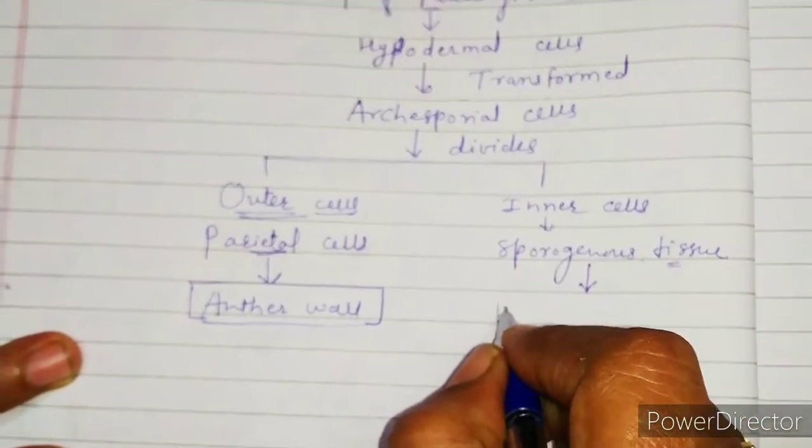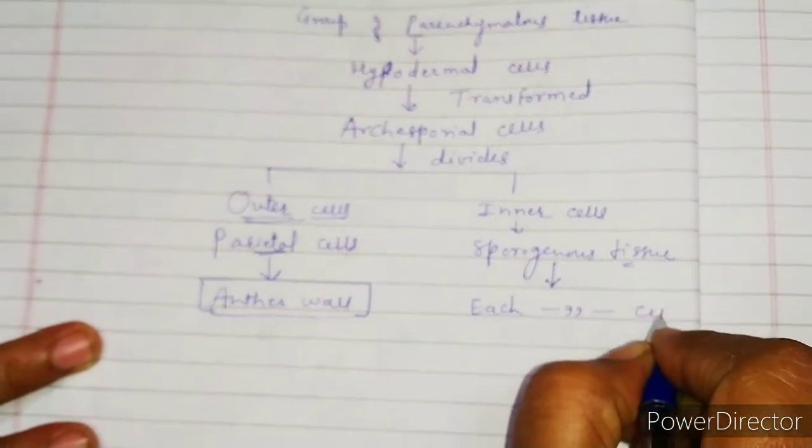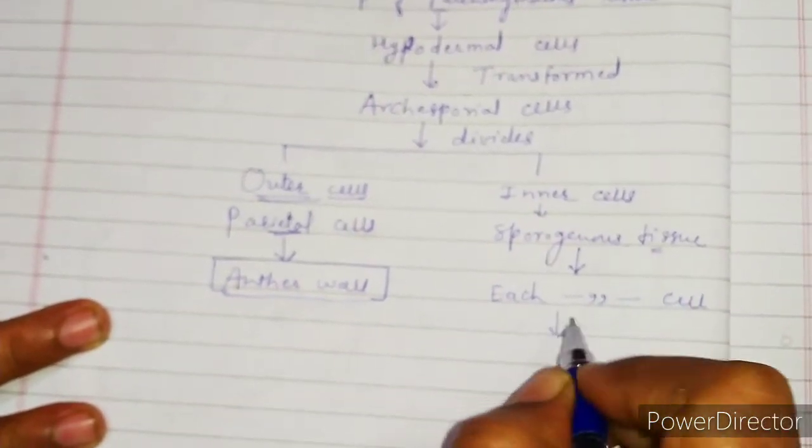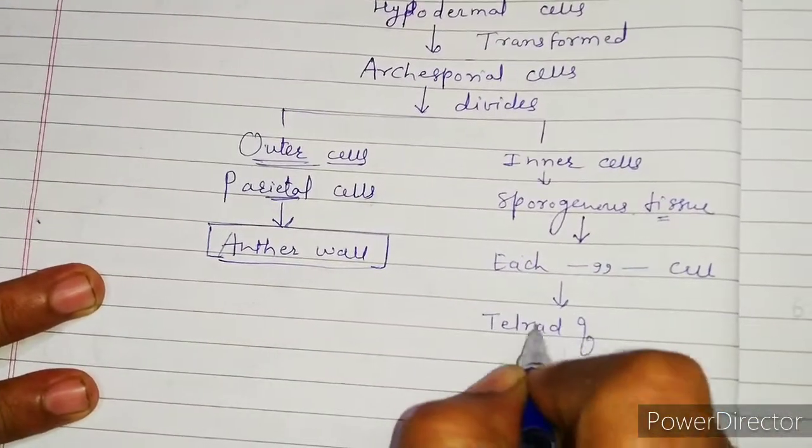So each sporogenous cell later on gives rise to a tetrad of microspores.